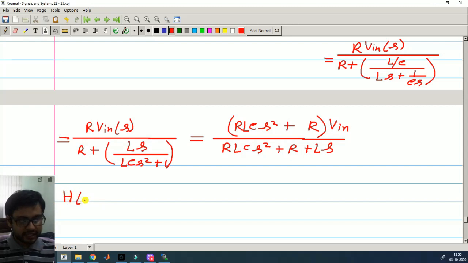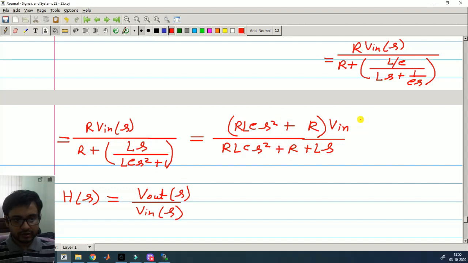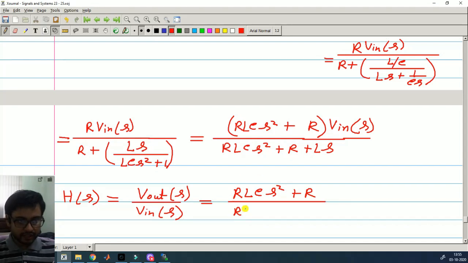So H(s) will be V out by V in. This is V out. If you divide this with V in, you will get RLCs square plus R divided by RLCs square plus Ls plus R. You may now simplify it if you want.